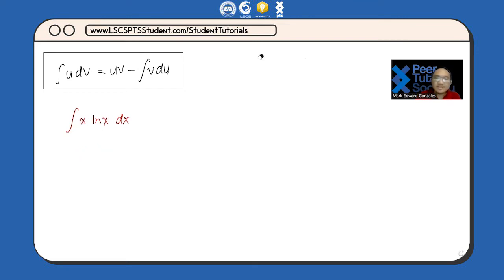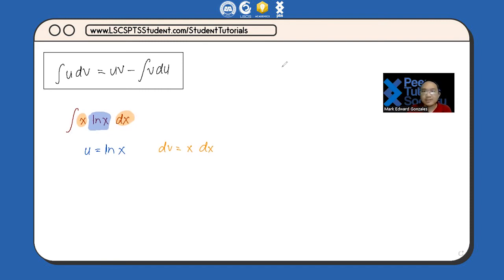In any case, the correct substitution would be to let u equal ln x. This then implies that the rest of the expression is dv, x dx. Again, it is an extremely helpful practice to try and see why things don't work out and why some things work out.